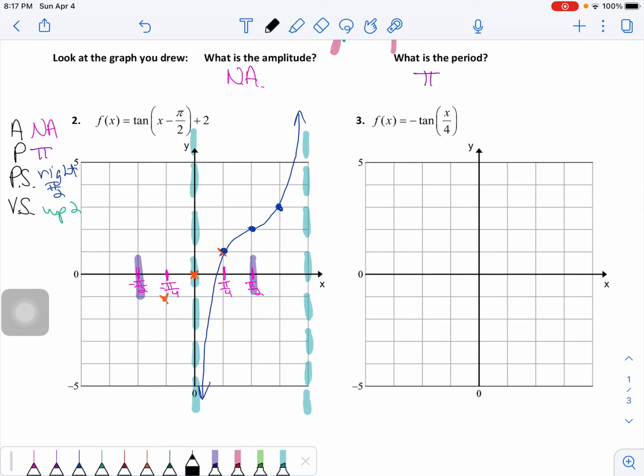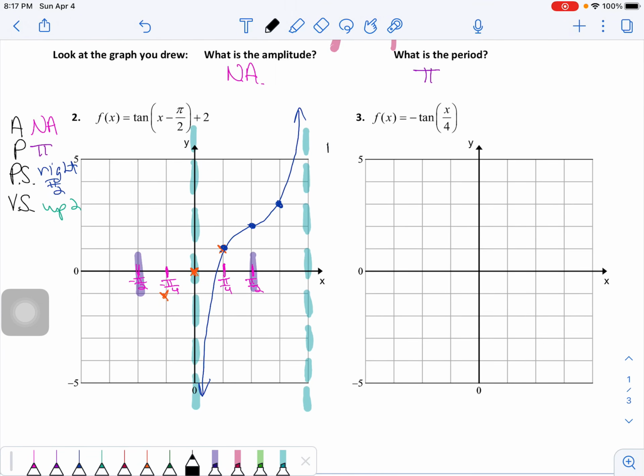Problem number 3, let's see what we've got going on here for number 3. Amplitude, period, phase shift, and a vertical shift. All right, amplitude, none. Remember, that just doesn't apply to tangent and cotangent. I do, however, have a reflection.